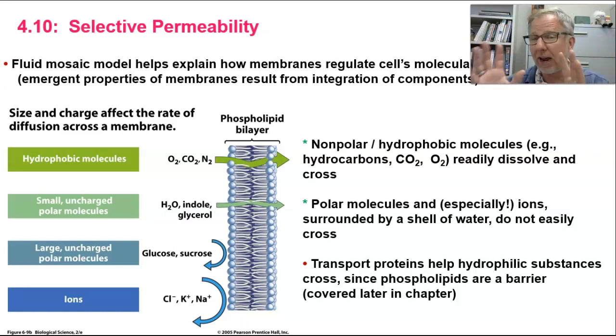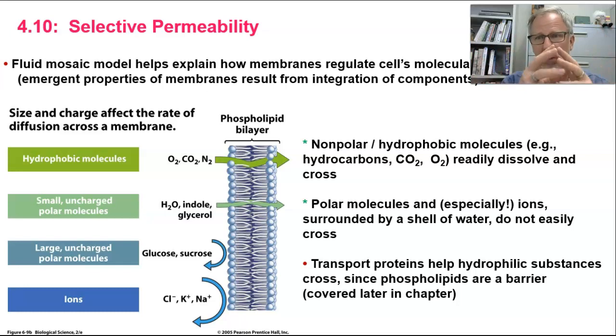So in other words, tapping into one of those concepts from chapter 1, emergent properties. The emergent properties of membranes, like what they do, how they work, result from the integration of these components, how these components are working together. That's consistent with the topic of emergent properties.